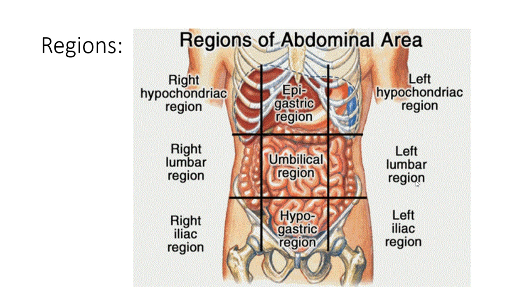On the right-hand side of you, left side of the anatomical body or object, you have the left hypochondriac region, left lumbar region, left iliac region. In the center of your regions, you have the epigastric region, the umbilical region, and the hypogastric region.